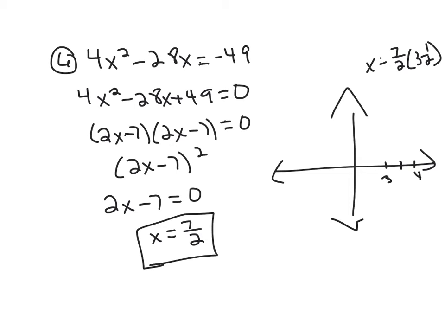And basically, since it's a positive, I know it's going to go up. That means its vertex is only touching at this one point, at the 3.5. All right, so this is another little thing that'll show up, I promise, next year.